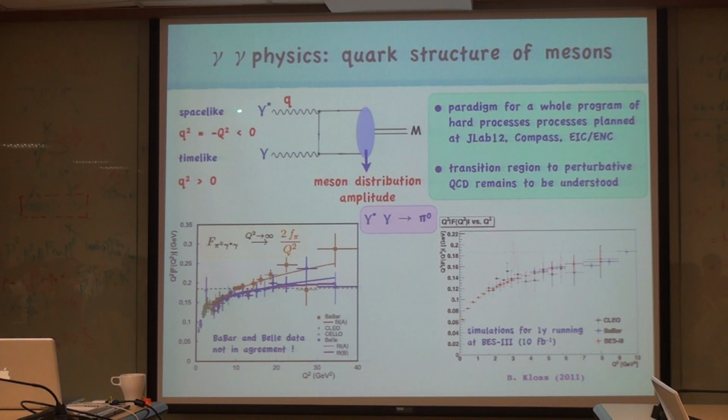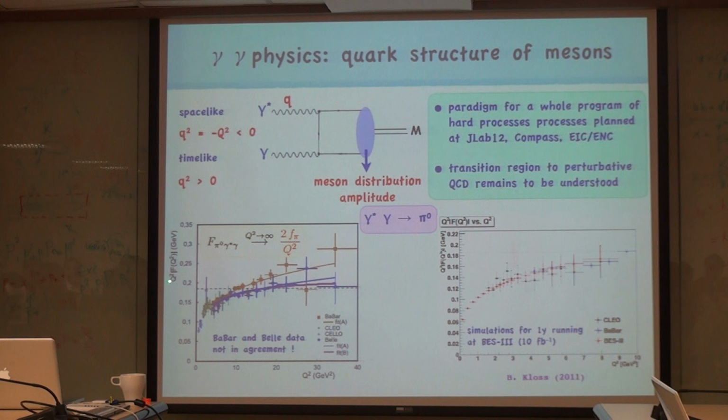So when one photon is real and one is virtual, one plots the virtuality here of this photon, and one can describe this process by a form factor. You can easily work out, since this is a perturbative diagram, you get here one propagator, and this will tell you that this form factor has to scale as 1 over Q squared.